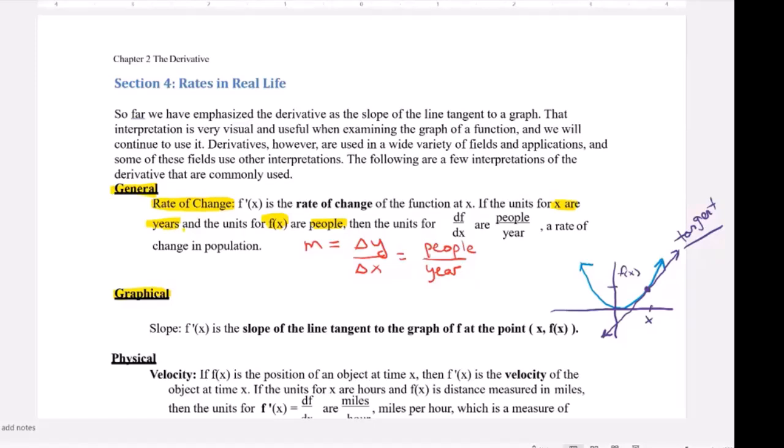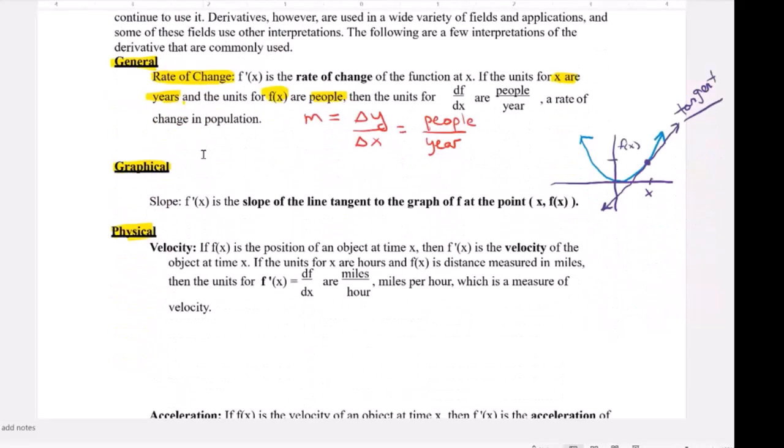Okay. We have another interpretation, which is a physical interpretation. And why calculus is good for us is because it's important in the physical world. Often we want to find the rate of change of something with respect to time. So we're going to talk just first about velocity. If f of X is the position of an object at time X, again, it's telling us that the X is time.